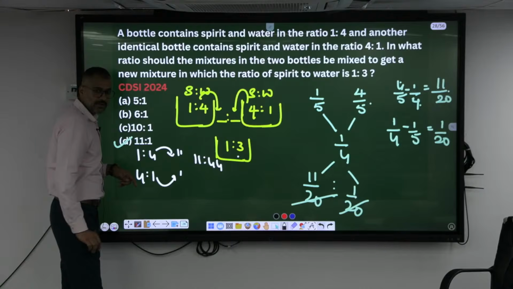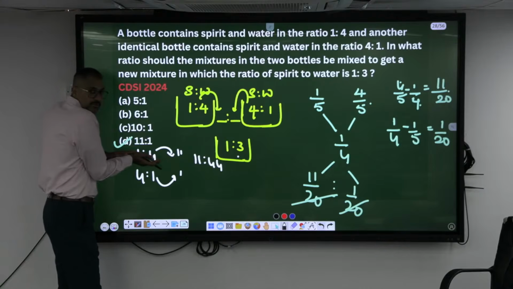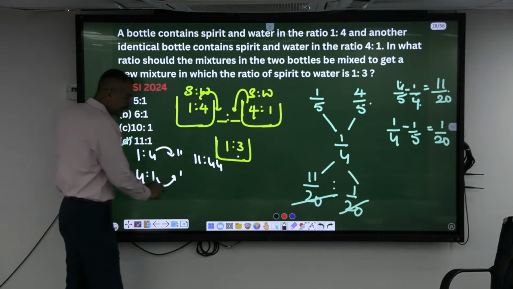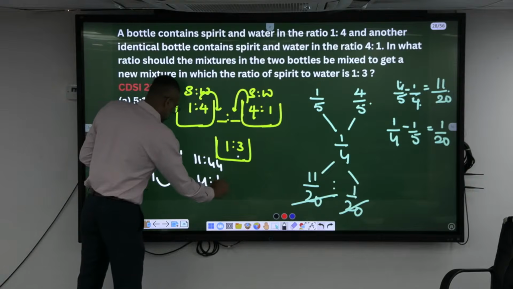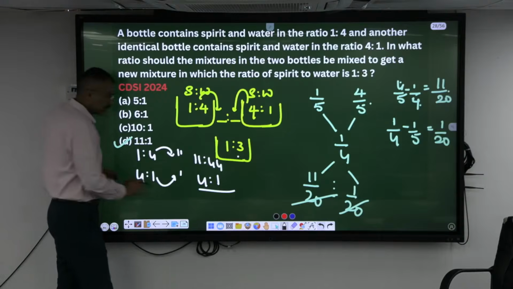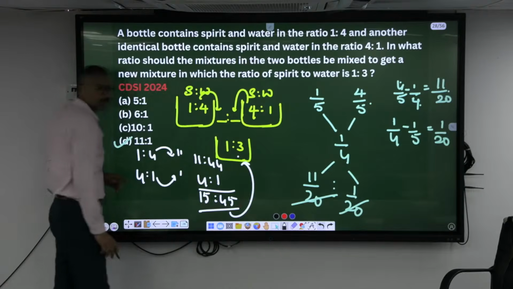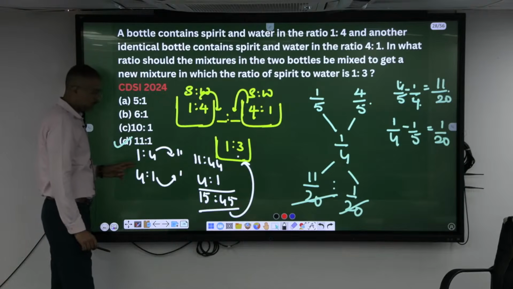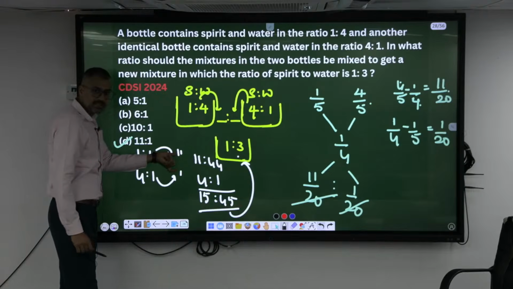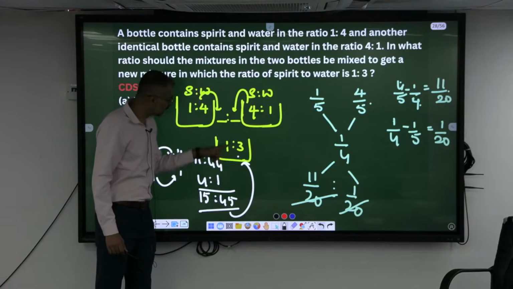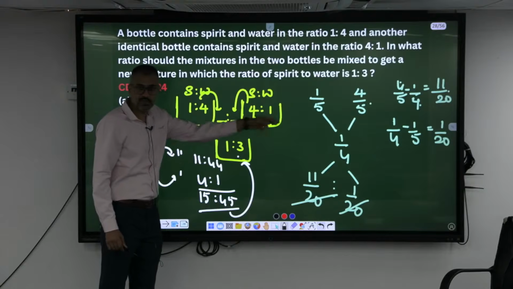Similarly, this is 4:1. So 15:45, which is in the ratio 1:3. Okay, if he has given the mixing ratio and asks for the resultant ratio, this is what you have to do. If he has given the resultant ratio and is asking for a mixing ratio, alligation.